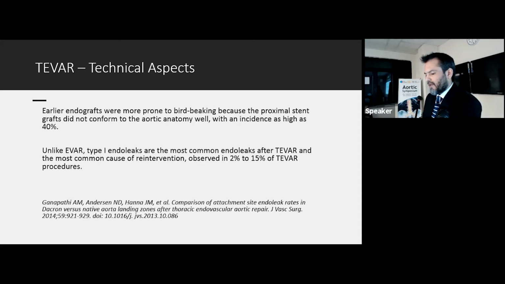In terms of how successful they are, the older studies, as Dr. Jamshed mentioned, performed maybe 20 to 30 years ago, showed a very high incidence of endoleaks, up to 40%, but those numbers are considerably better nowadays.